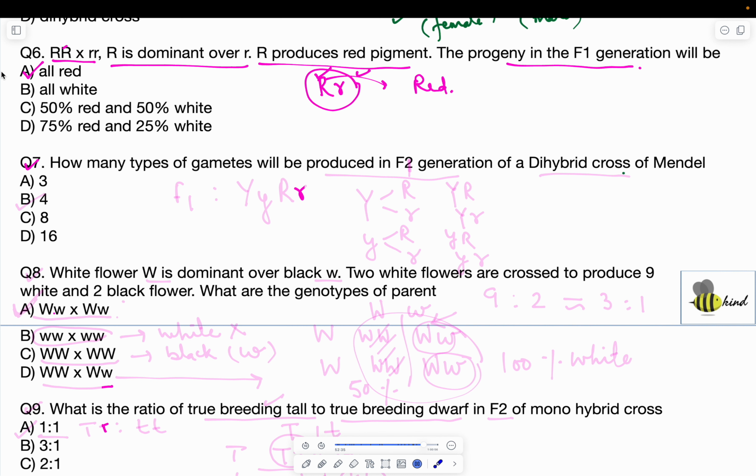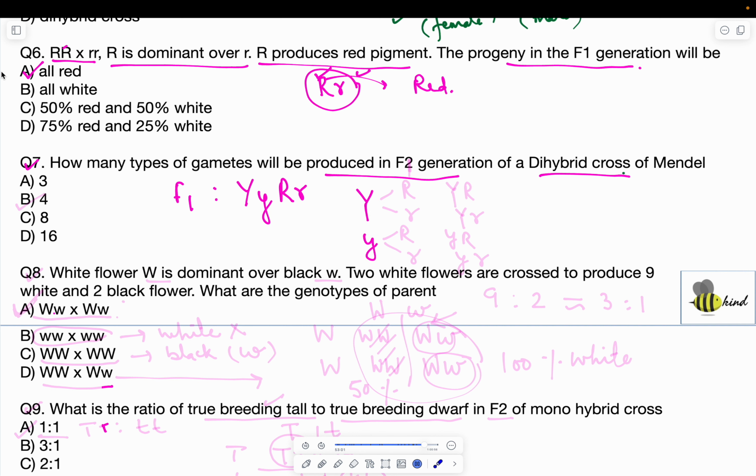The next question is, how many types of gametes will be produced in the F2 generation of a dihybrid cross? In the F1 generation, the dihybrid is of this kind, right? You have to work out the types of gametes here.